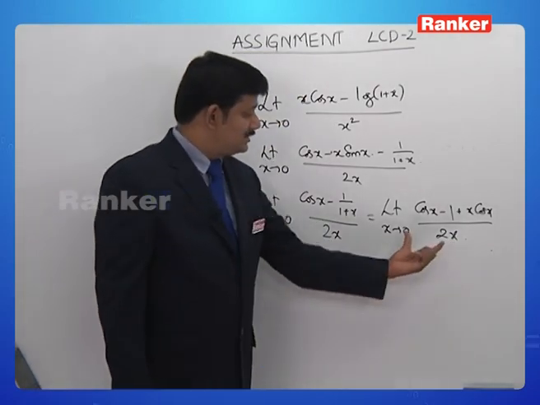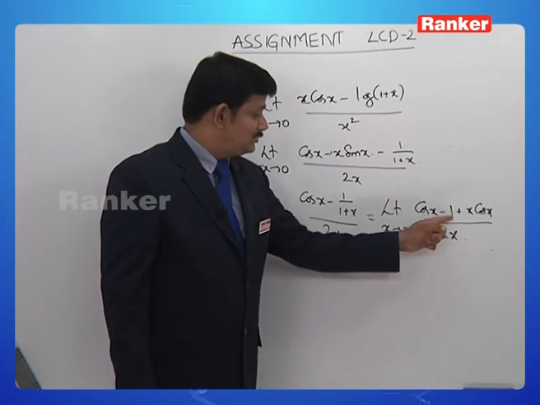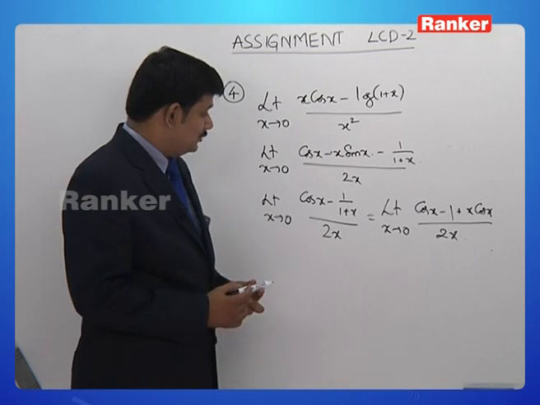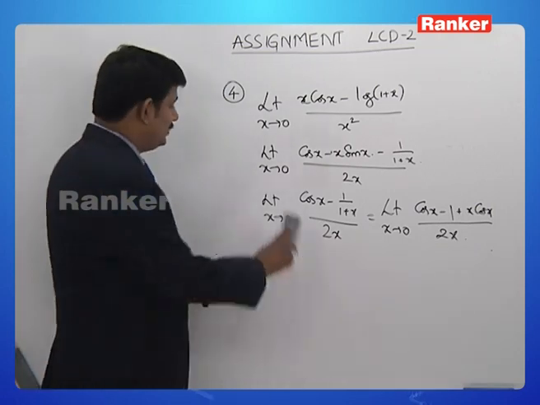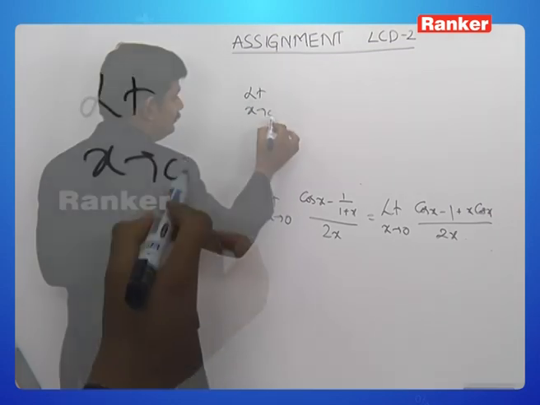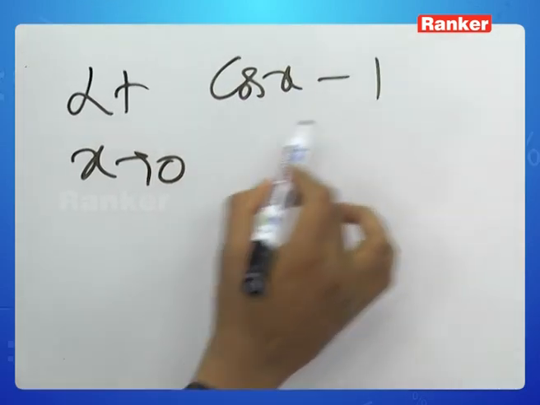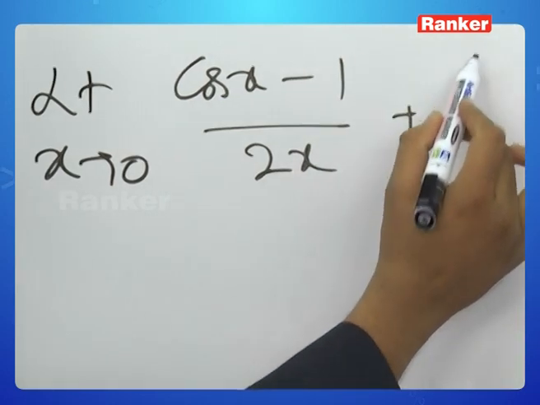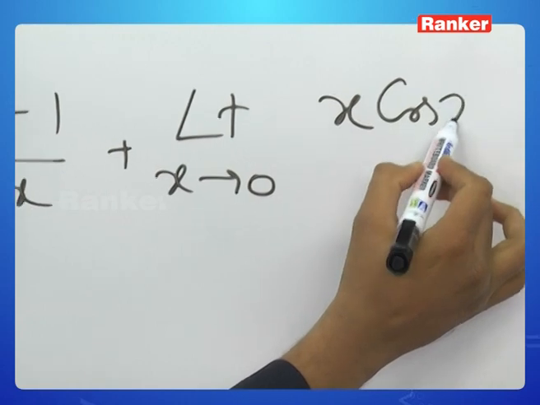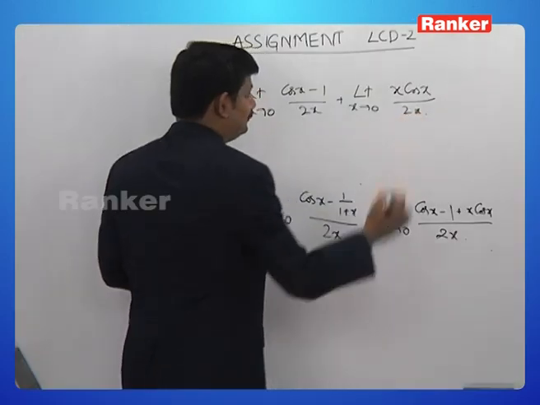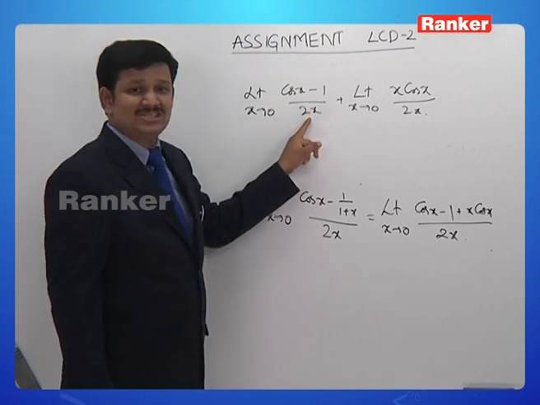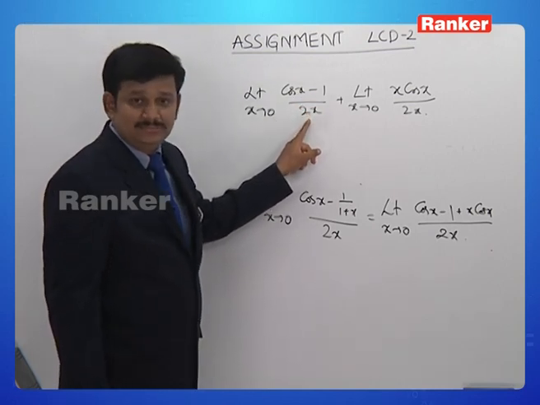Now again we can split this limit into two parts, cos x minus 1 by x and x cos x by x. So this limit can now be written as limit x tends to 0 of cos x minus 1 by 2x plus limit x tends to 0 of x cos x by 2x. We know limit x tends to 0 of cos x minus 1 by x square is minus half.